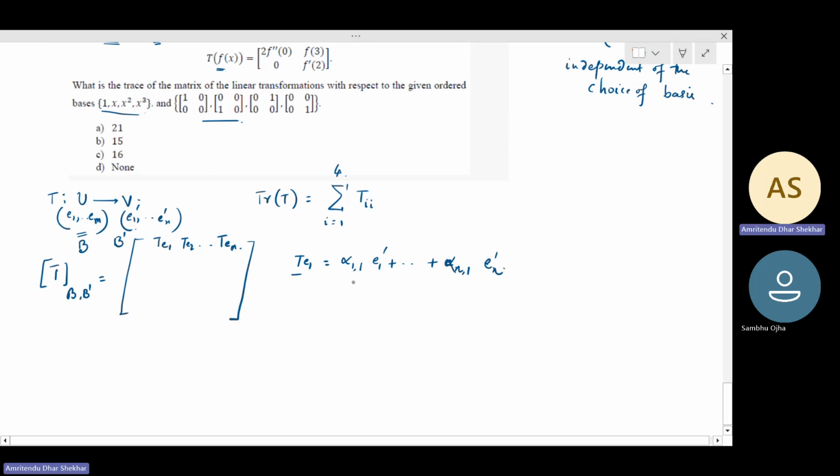So if TE1 was of this particular form, then the first column would be alpha 11 up to alpha n1.